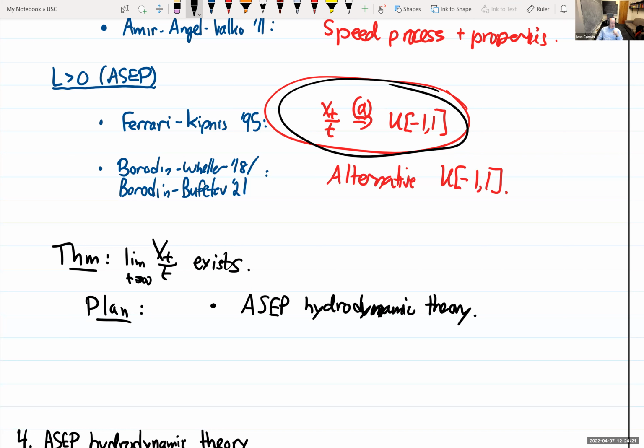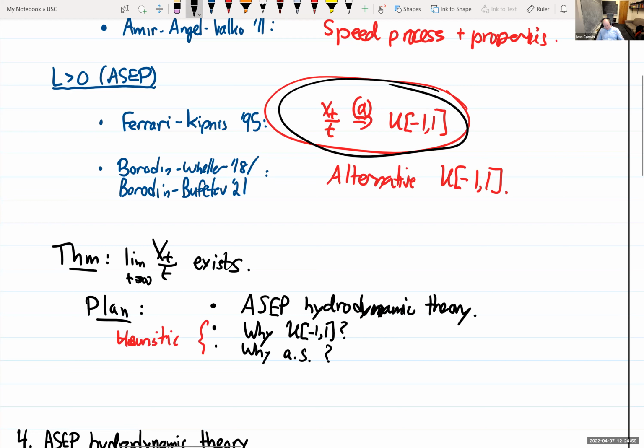I'm not going to go into the details of what exactly has been proven, but this will give you a sense of, in this law of large numbers scale, in this scaling in which we're looking, how the bulk of the system evolves. Now, using that understanding, I'll give you a heuristic explanation for why you have a uniform minus 1, 1, and also part of the reason why you have an almost sure limit. And this, I should say, will be very sketchy. This is very heuristic.